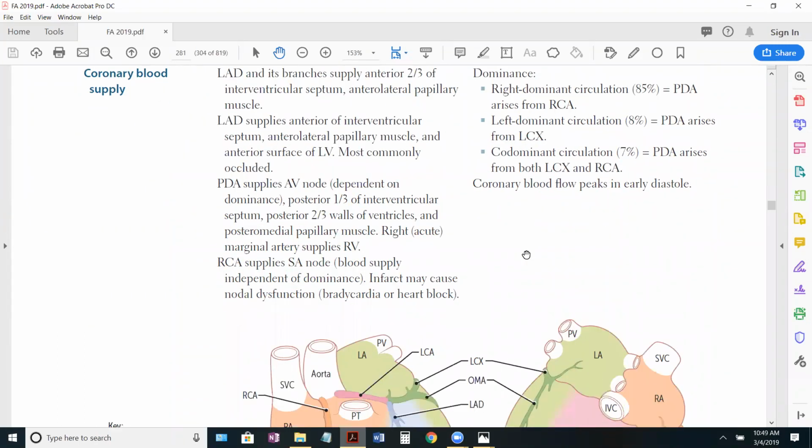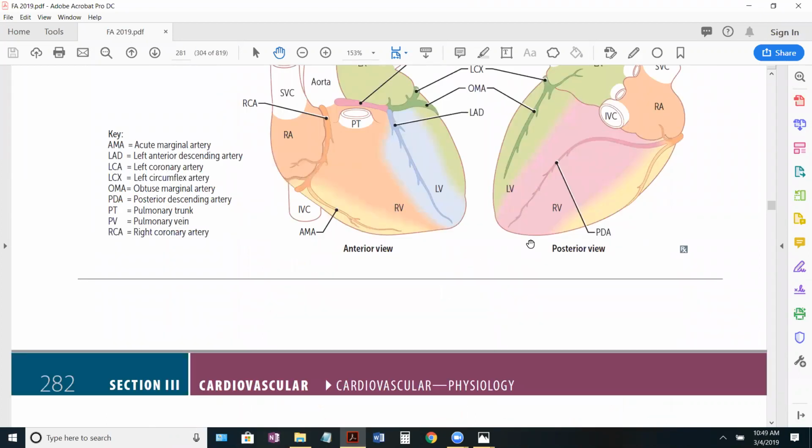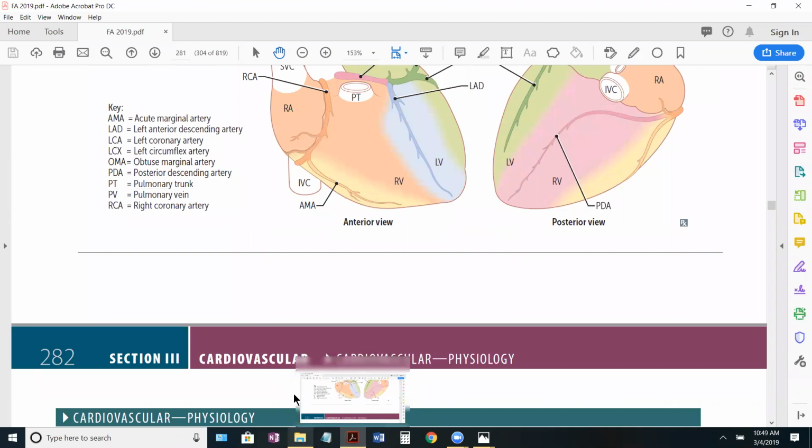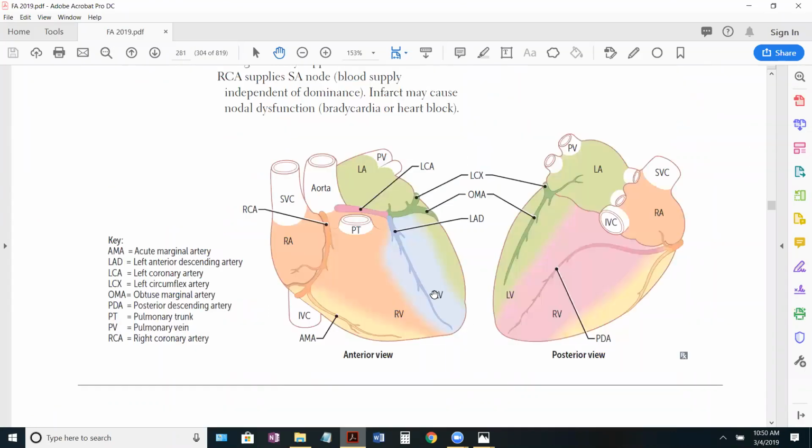Yeah. Clear? So one more thing that I want to tell you is a concept. Remember that each area of the heart is supplied by a very specific artery, as you can clearly see in this region.